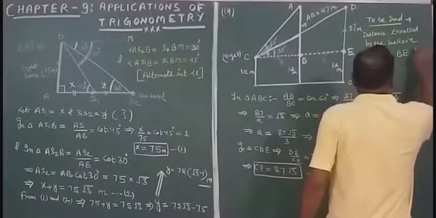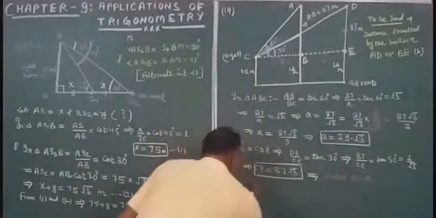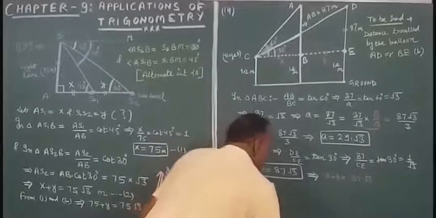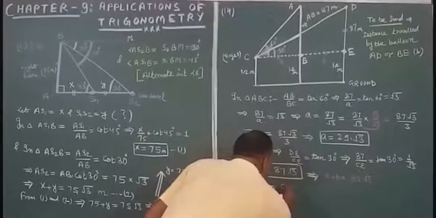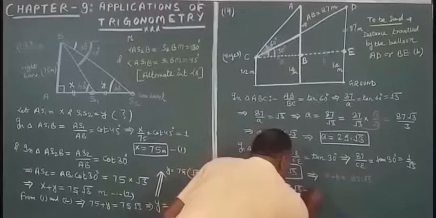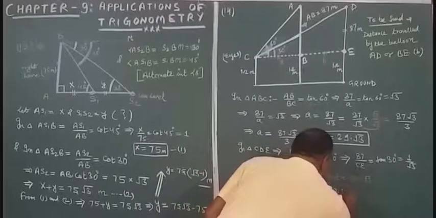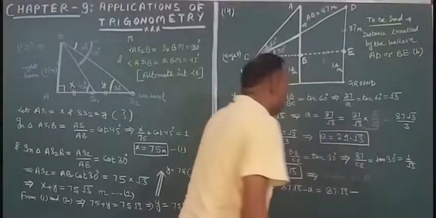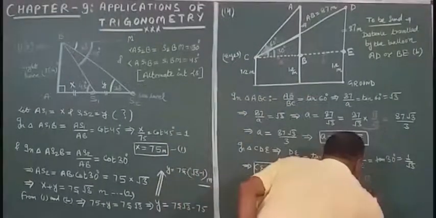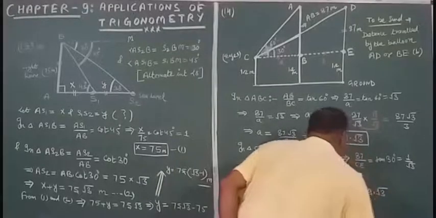B. I have to find the value of B. So from here, B will be 87 under root 3 minus A. Just look, what is the value of A? 29 under root 3.